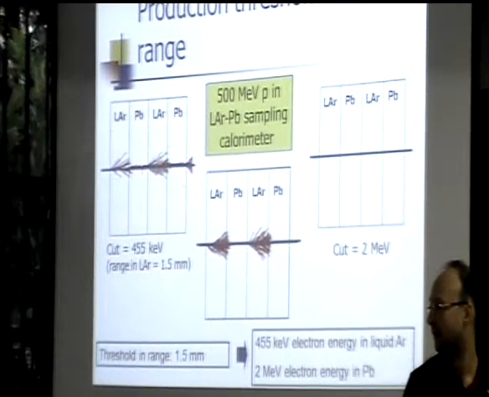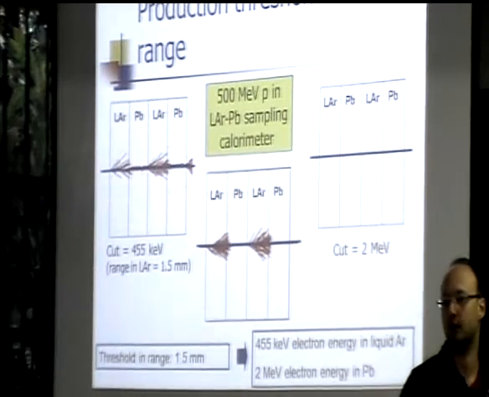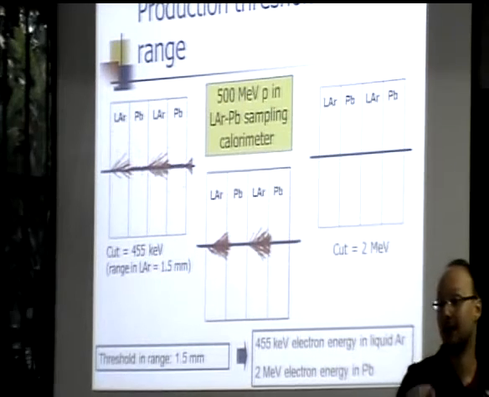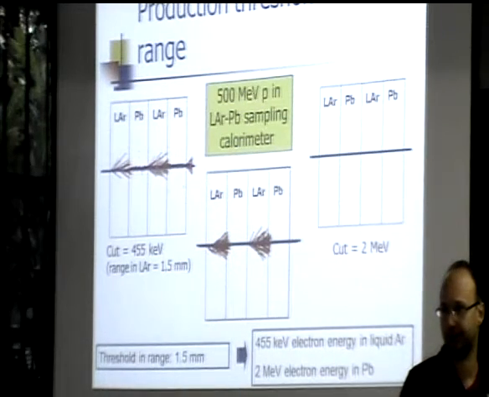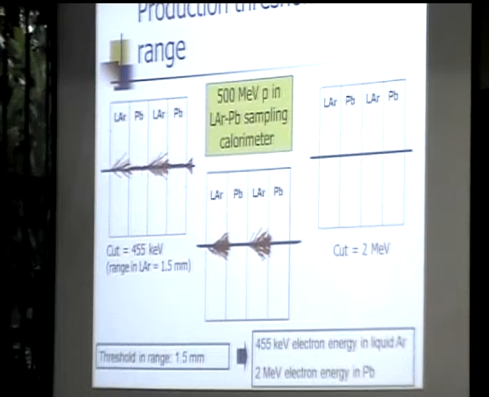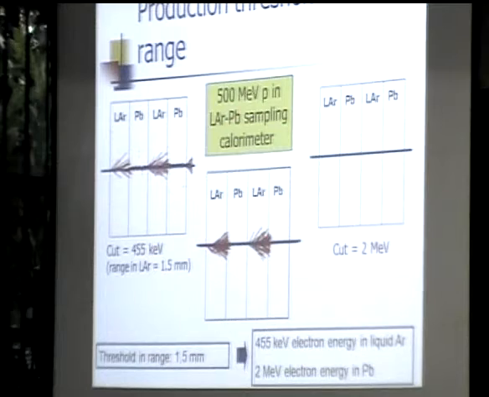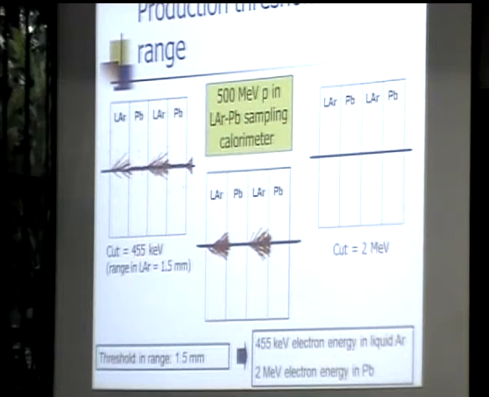The cut is 1 millimeter by default, and this millimeter is converted into an energy threshold for all the materials that you're using in your geometry. You can pay attention to that, and of course, lead will have a higher threshold than liquid argon or sodium iodide.